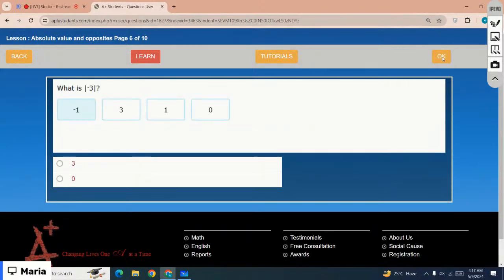What is the absolute value of negative 3? The correct option is 3, since absolute values are always positive values.